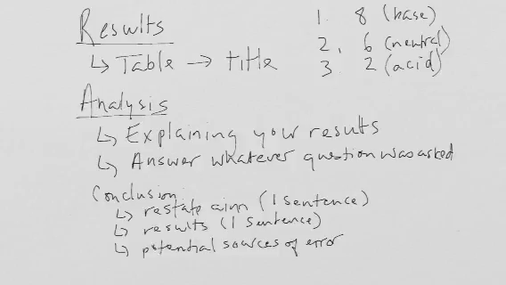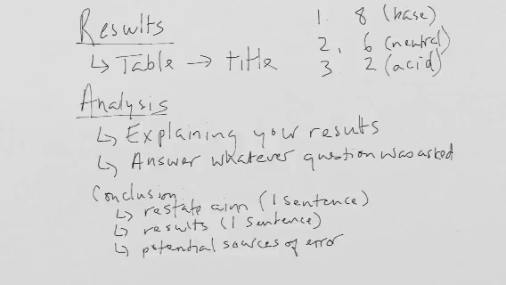In this case, in the lab you just got back, the conclusion would start off, the aim of this experiment was to identify 3 substances as to whether they were acids, bases, or salts. Results found showed that substance 1 was a base, substance 2 was a salt, and substance 3 was an acid. Okay? And instead of just saying that, I would say substance 1 was a base because phenolphthalein reacted.